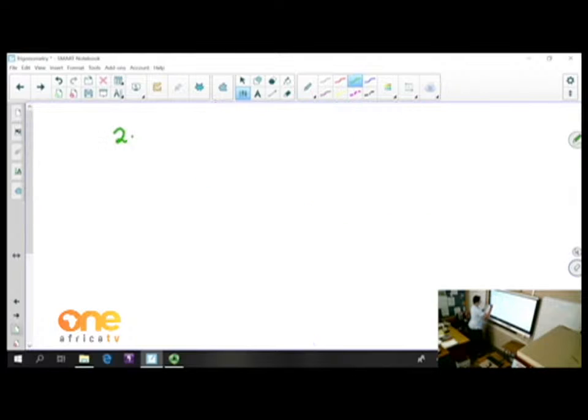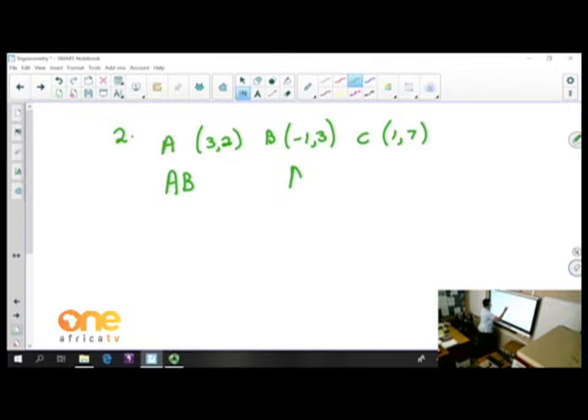Question 2. In a triangle, okay, now they say A is the point (3, 2), B is the point (-1, 3), and C is the point (1, 7). And I want you now to find the vector AB and the vector AC.